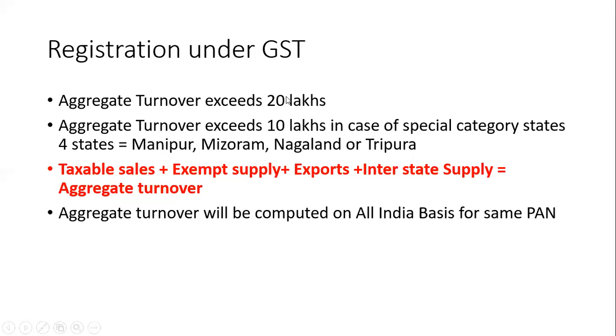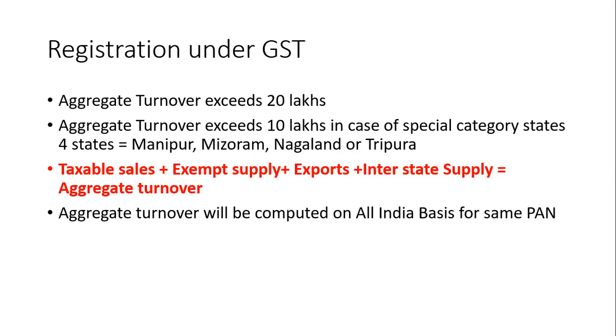Under registration of GST, the person is liable for registration in case the threshold limit of aggregate turnover exceeds 20 lakhs. Formula for aggregate turnover is taxable sales plus exempt supply plus exports plus interstate supply. That means you are supplying from one state to another state, or it can be from one state to union territory.